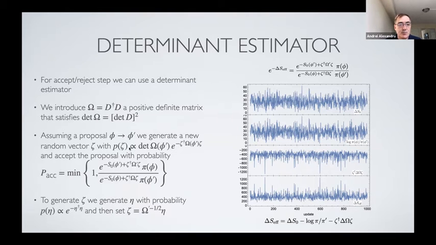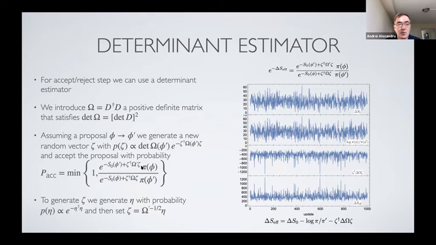There is a proposal from a long time ago due to Grady on how to use an estimator to correctly create an unbiased method. And the idea is, in the accept-reject step, instead of actually computing the ratio of determinants, you generate a random vector zeta with the probability that is controlled by the matrix omega over the proposed fields.